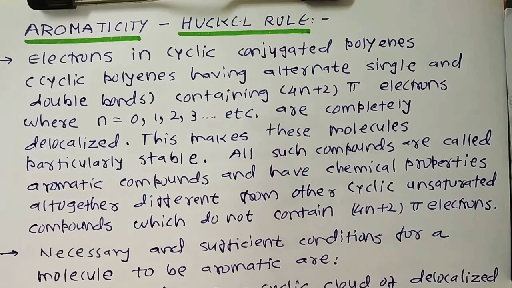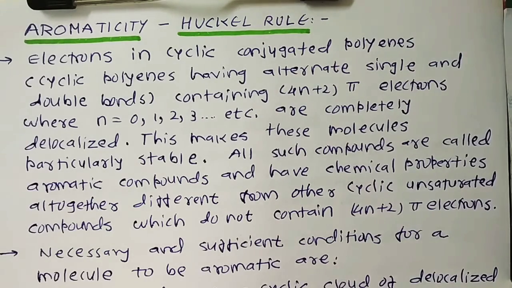Some practical evidence came from the X-ray diffraction method and the heat of hydrogenation method. So we can get the idea that in benzene there is a resonance phenomenon, and particularly an aromatization phenomenon that we have to observe. It means that benzene has an aromatic type of character.